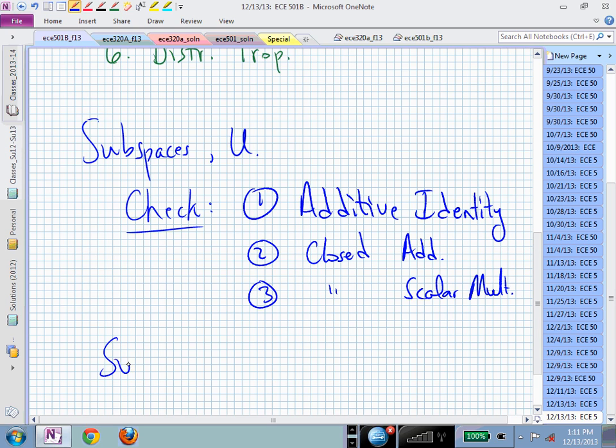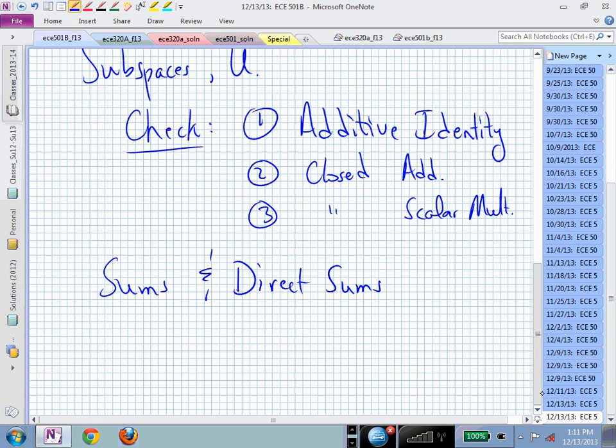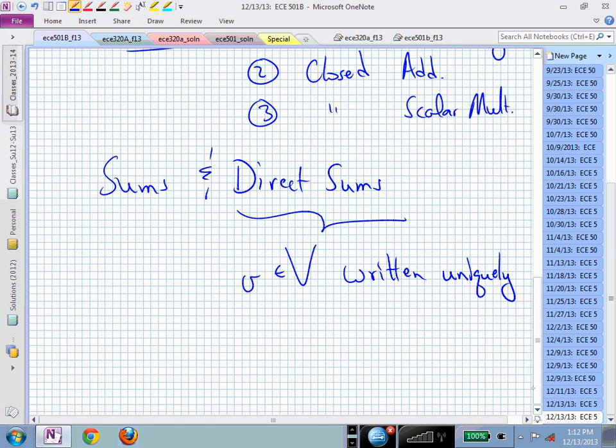Then the last part of chapter 1 is sums and direct sums. The direct sum allows you to express V, any element in V, uniquely from some piece of each of those subspaces that make up the direct sum.